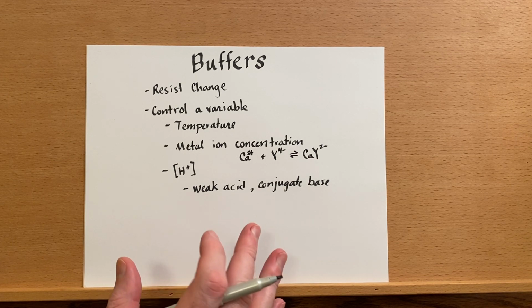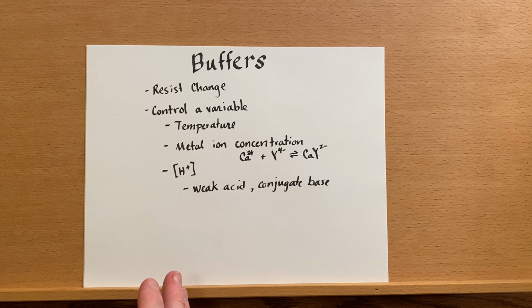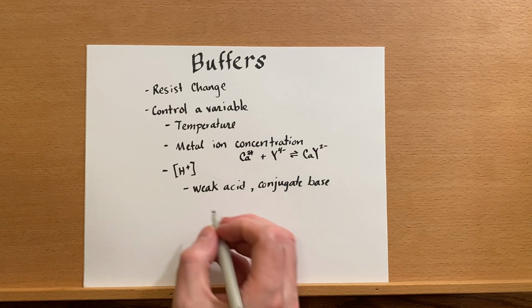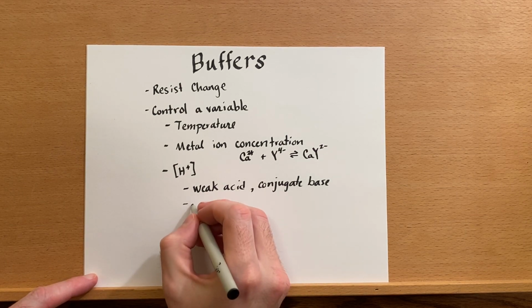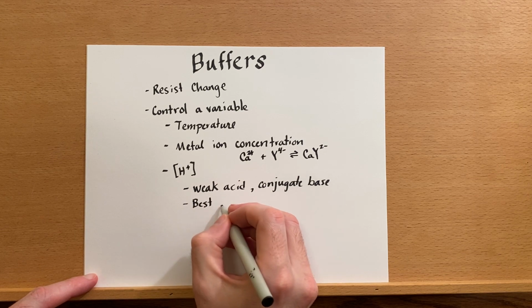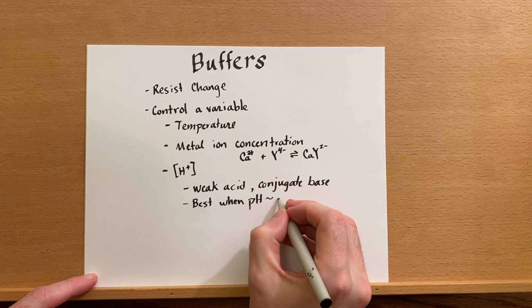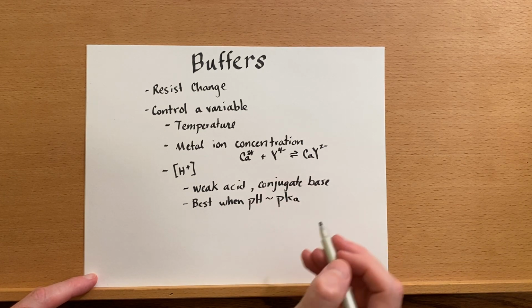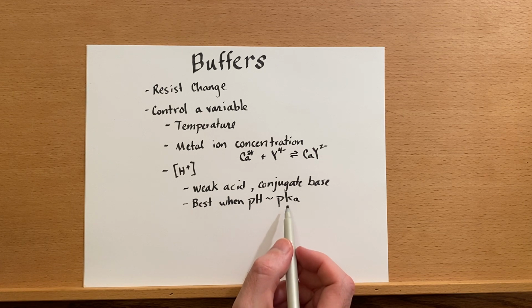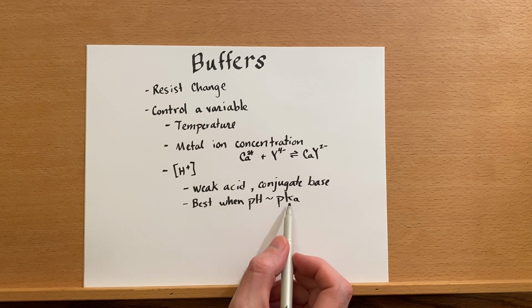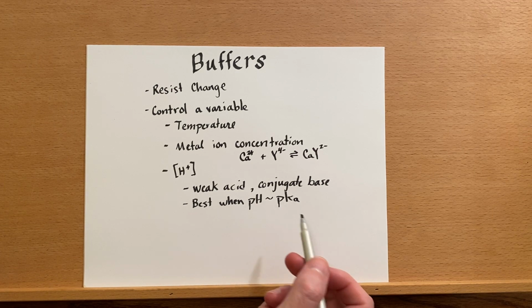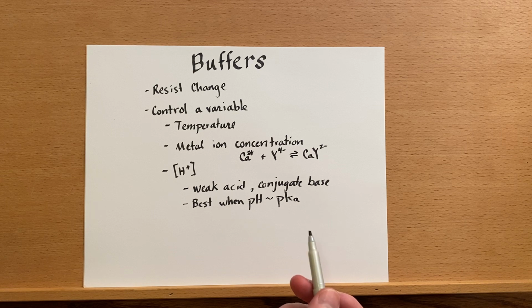This buffer will work the best when the pH is very close to the pKa of the weak acid. If you want to know how to calculate pKa, simply take the negative log of the Ka, and that will tell you the pKa. Just like pH, take the negative log of H plus concentration.